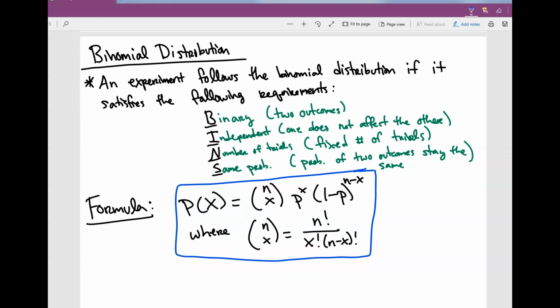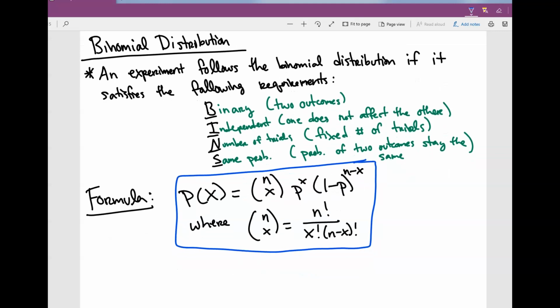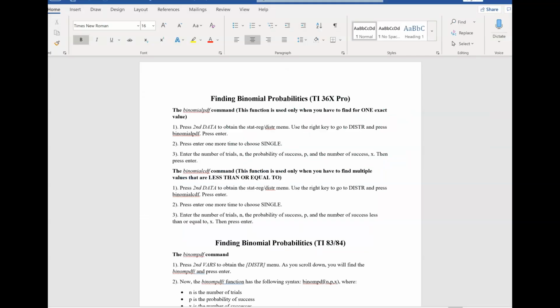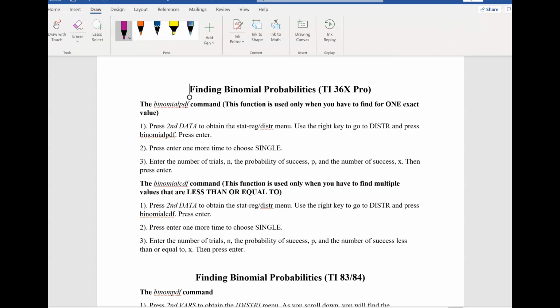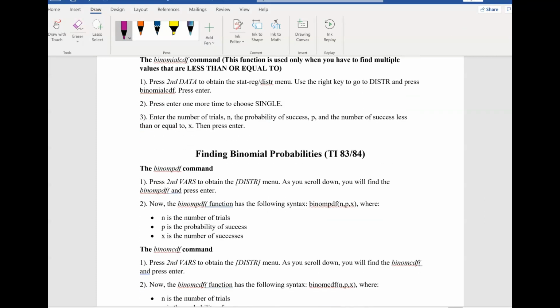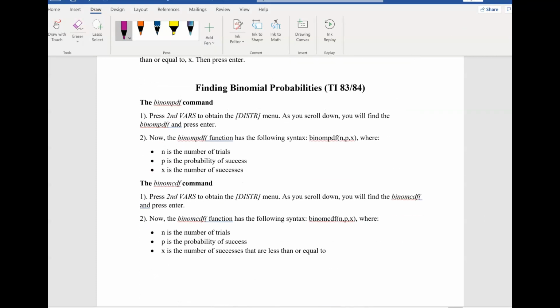What I want you to do on Canvas is access the binomial distribution steps. It'll look something like this. It says finding binomial probabilities. I have it for the TI-36X Pro. Here are the steps on how to use binomial PDF and binomial CDF. If you keep going a little bit down, I have it also for the graphing calculator.